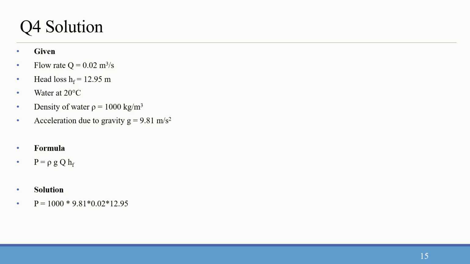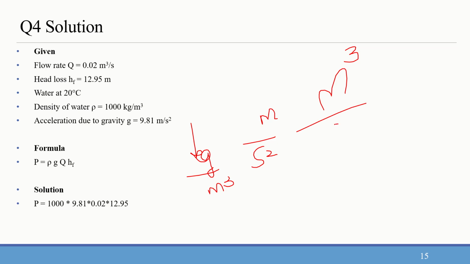And what will be the unit? It is kg per meter cube into meter per second square. So we can calculate it. So rho is kg by meter cube and G is meter by second square, and Q is meter cube per second, and HF is meter.